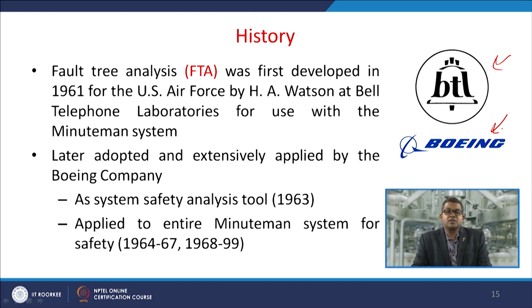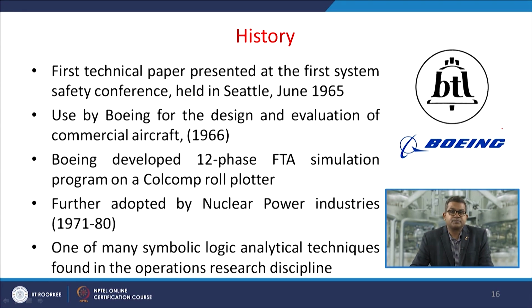The system safety analysis tool was developed in 1963 and applied to the entire Minuteman system for safety between 1964 to 67 and 1968 to 1999. The first technical paper was presented at the first System Safety Conference held in Seattle, June 1965.